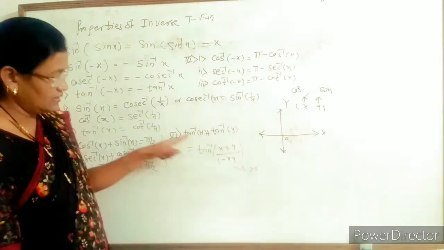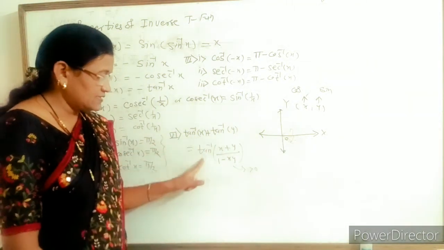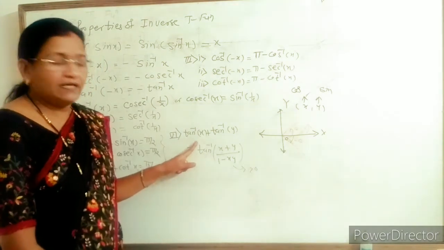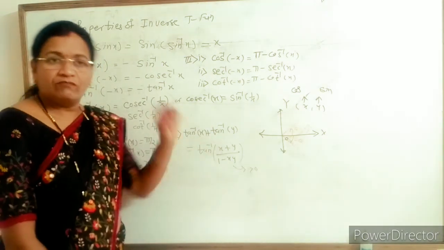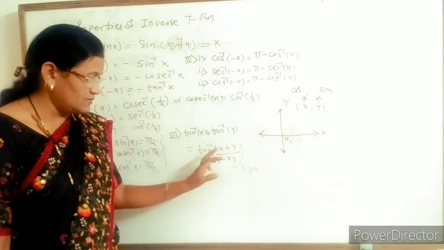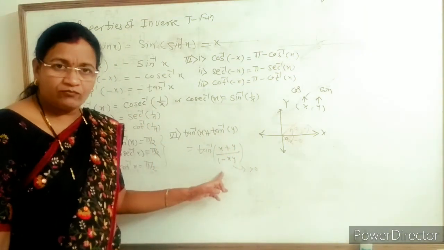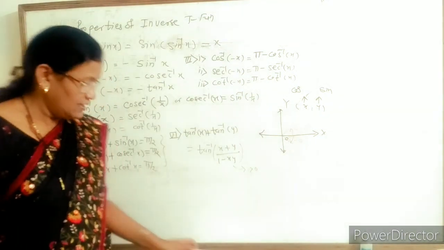If you shift this to the left side, you get alpha plus beta as tan inverse of something. But when that tan inverse ratio is shifted to the right side, you get tan of alpha plus beta. Once you find the formula for tan of alpha plus beta, you get the result as tan alpha plus tan beta upon 1 minus tan alpha into tan beta.